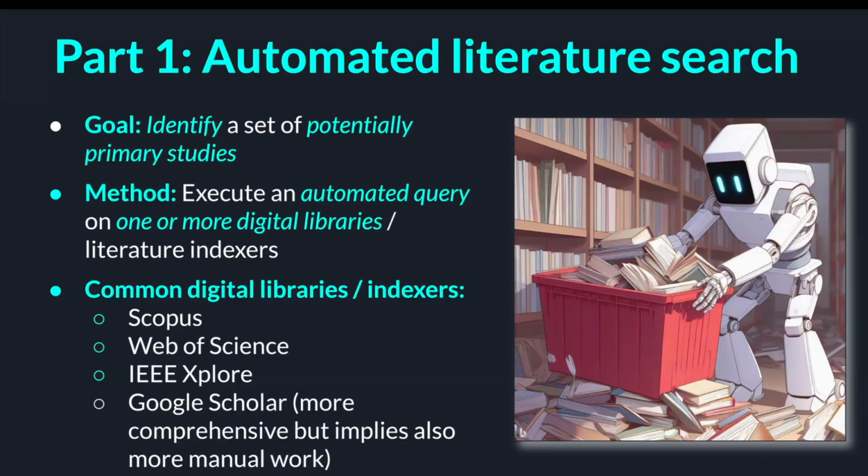Then you merge the results and you have your set of potentially primary studies. And common sources for this are Scopus, Web of Science, IEEE Xplore, or Google Scholar, which we actually recommend even if the results are a bit dirtier. So you might find some gray literature, so literature which is not really peer-reviewed, or master theses or who knows what. So this implies a bit of manual work in selecting really the papers which have a proper level of quality and adherence to the topic you want to investigate.